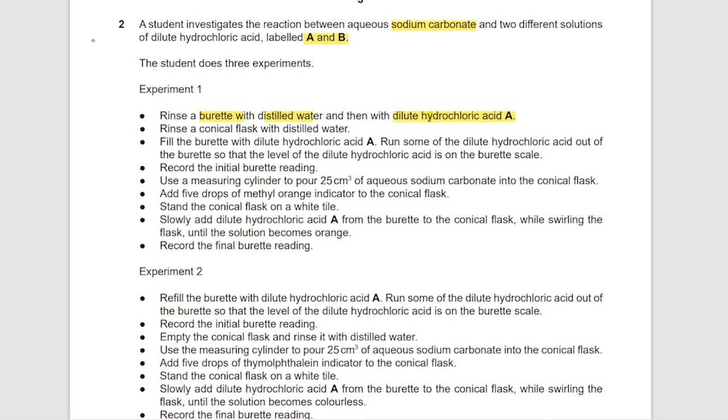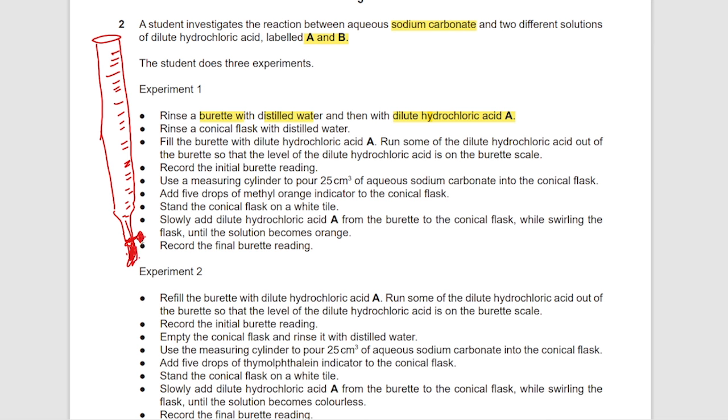If we are filling our burette, for example, this one is our burette. This one is the graduated one. If you fill it, then run off this tap and fill the gap which is present at the lower end of the burette.